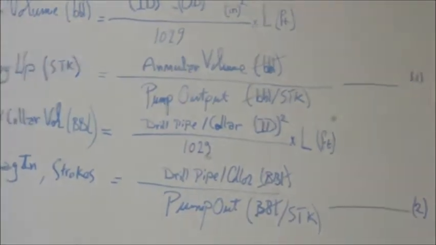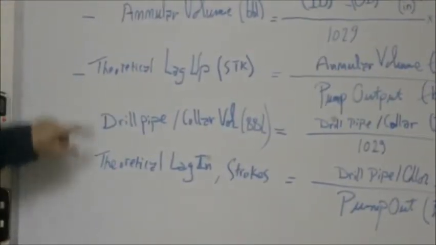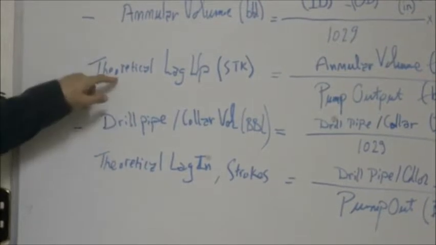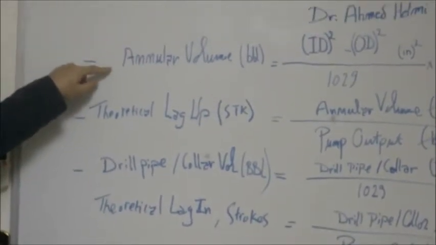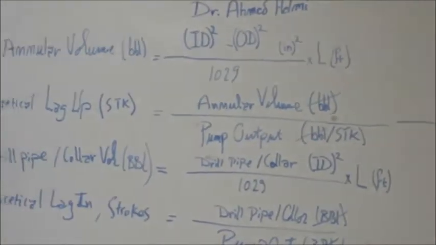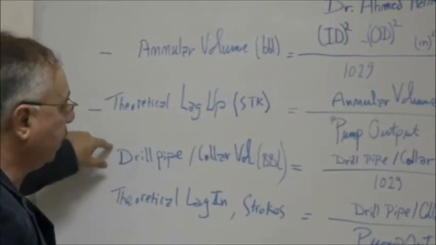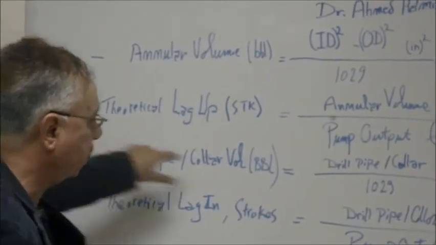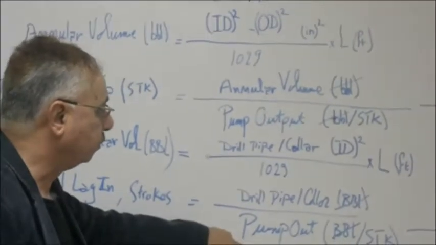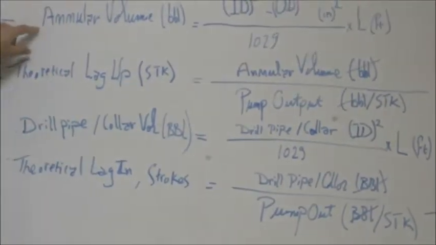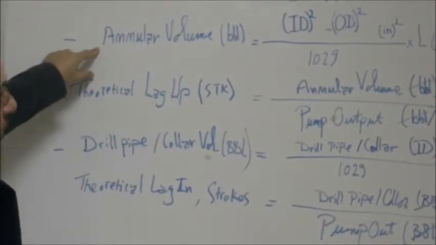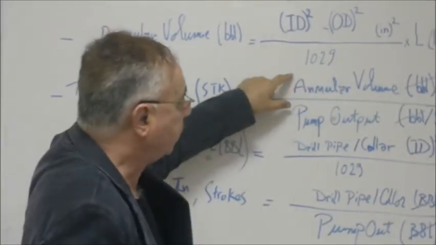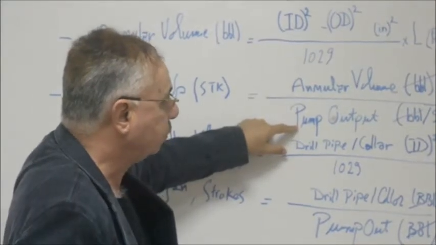So as you see, lag up was calculated, lag in was calculated, in strokes. First step, calculate the volume, then divide by the pump output. Again, calculate the volume of mud in the annulus, then divide this volume by pump output.